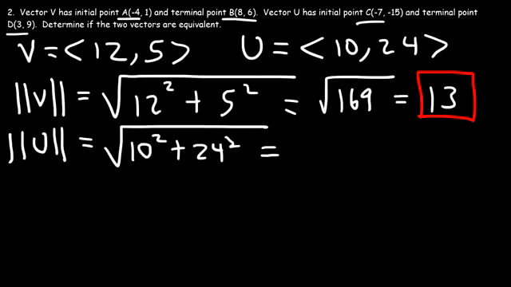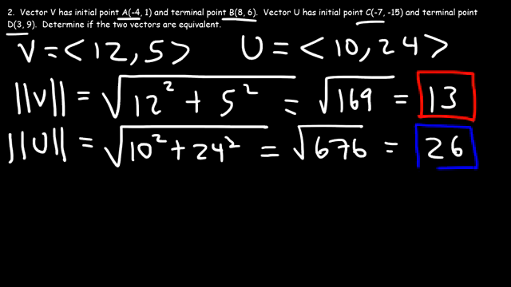So 100 plus 576 is 676, which I'm going to use a calculator to check. The square root of 676 is 26. So the magnitudes of these two vectors are different because the components are different. But what about the direction? Do they have the same direction?